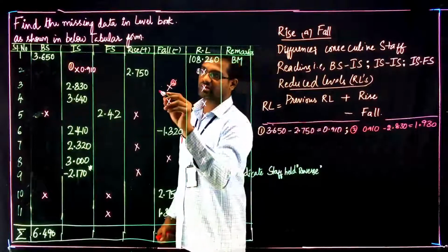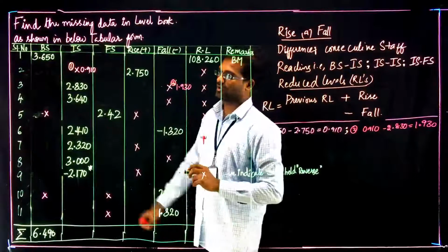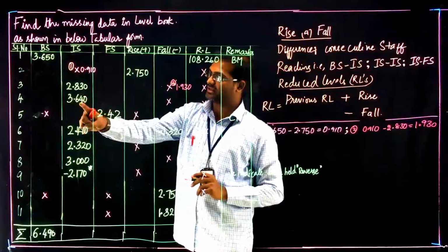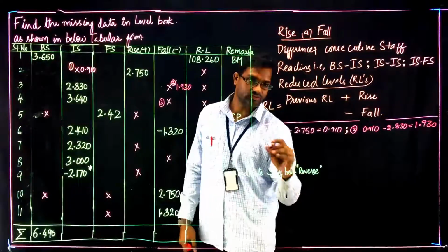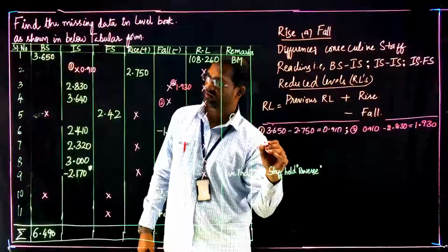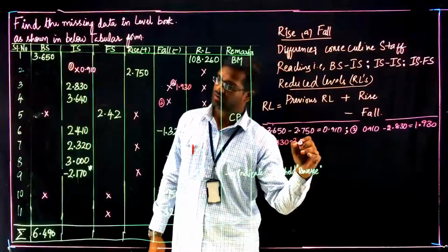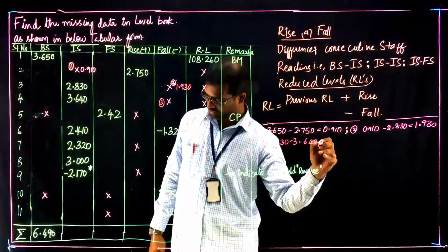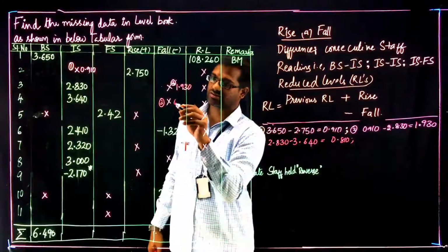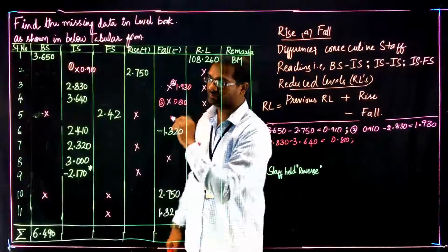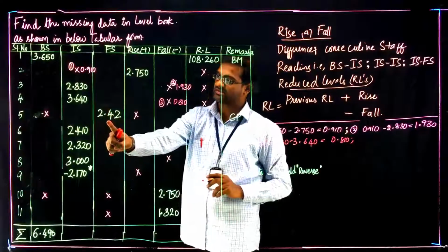Now this minus this gives this value. Let me take this as 3. So 3 is given by 2.830 minus 3.640, which equals 0.810. Fine.